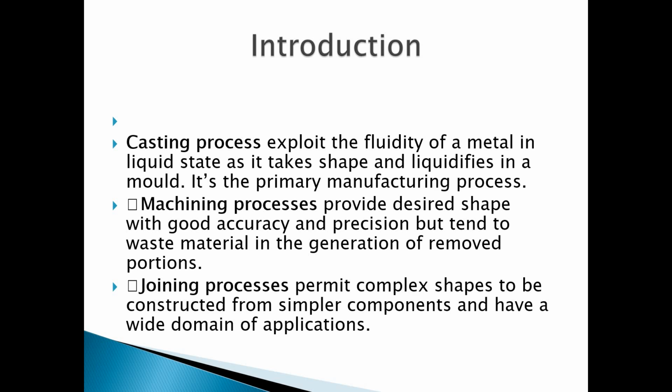Another process is the machining process. Machining provides the desired shape with good accuracy and precision, but tends to waste material in the generation of the removed portion. Basically, in machining we are going to remove material from a component, or from raw material.